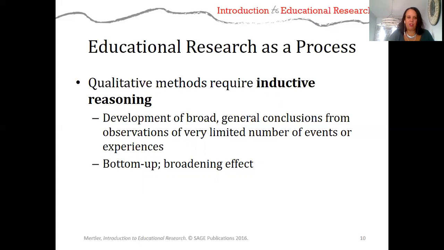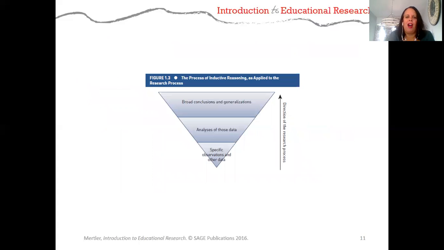And from those individual specific cases and observations, you come up with a theory that you might want to test, and you want to develop some kind of conclusion from those observations, from those very limited number of events and experiences. So you've got a few limited numbers of events or experiences, and the results of qualitative research are that you develop broad conclusions and generalizations.